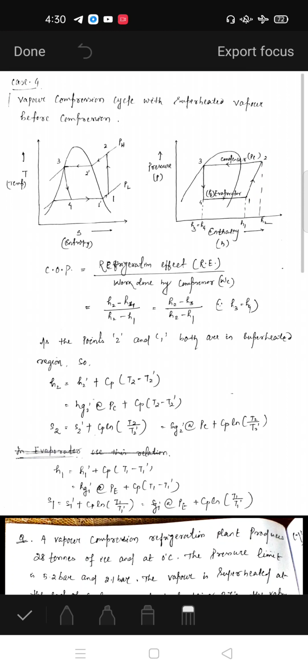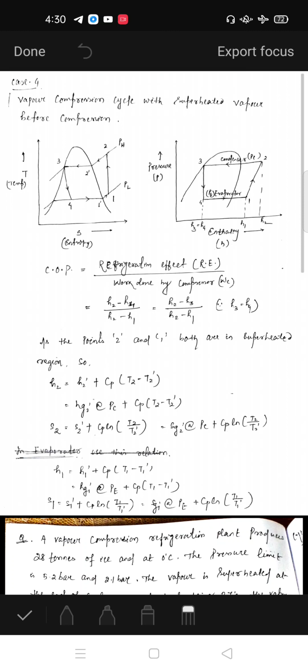So this one is your isentropic compression in the pH chart. Now from 2 to 2 dash and 2 dash to 3, there is constant pressure heat rejection in the condenser, and from the condenser there is an expansion device where the refrigerant is expanded, that is, an isenthalpic expansion process occurs in the expansion valve, that is process 3 to 4.